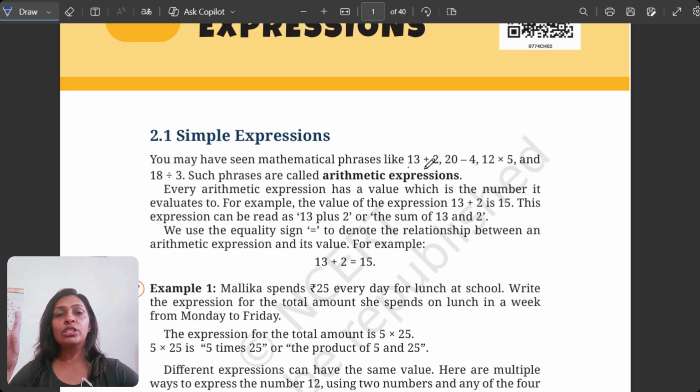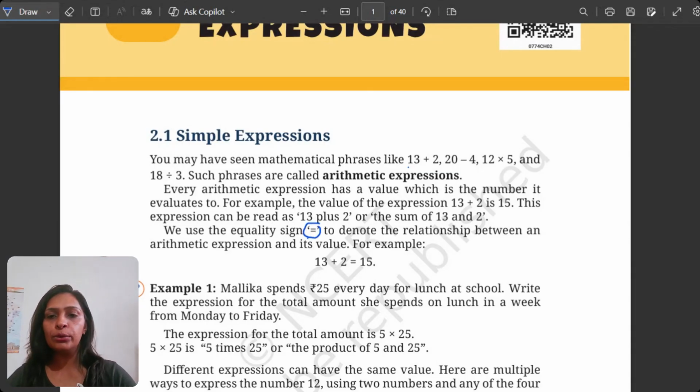They are addition, subtraction, multiplication, and division. Any numbers can be connected using these operations. The equality sign is represented by the equal to sign.